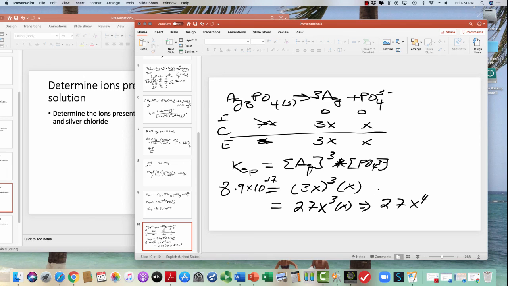Now this is where we've got to calculate. We're going to take the fourth root of this number. So let me open my calculator again. You take 8.9 times 10 to the minus 17 and divide that by 27 first.